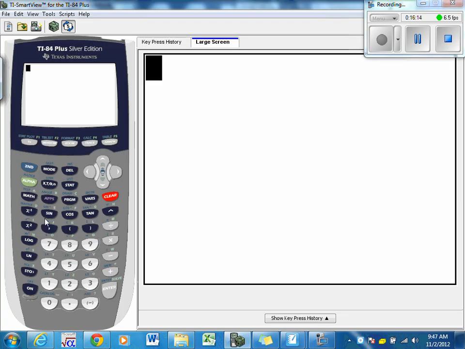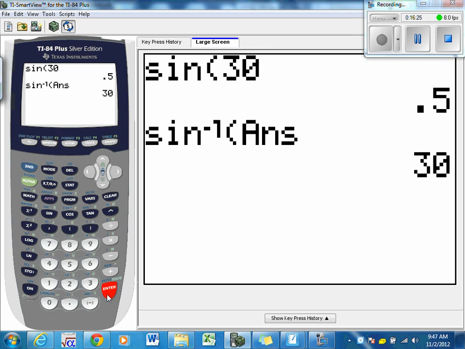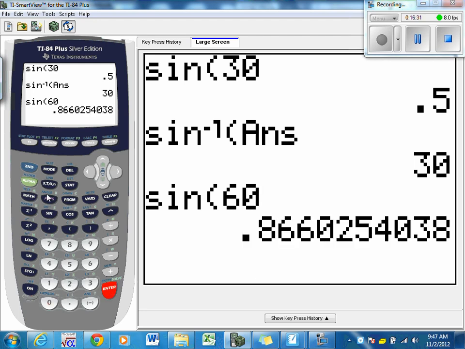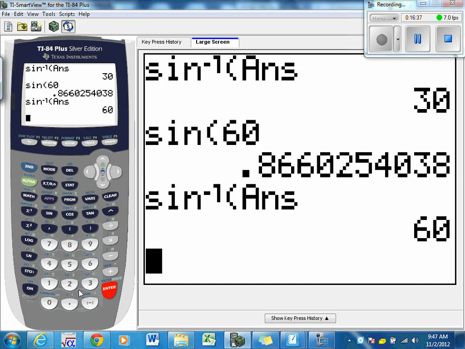If I take the sine of 30 degrees, and then I do inverse sine of my answer, I get 30 degrees. Do the reverse. If I do the sine of 60 degrees, and I do inverse sine of my answer, I get 60 degrees.